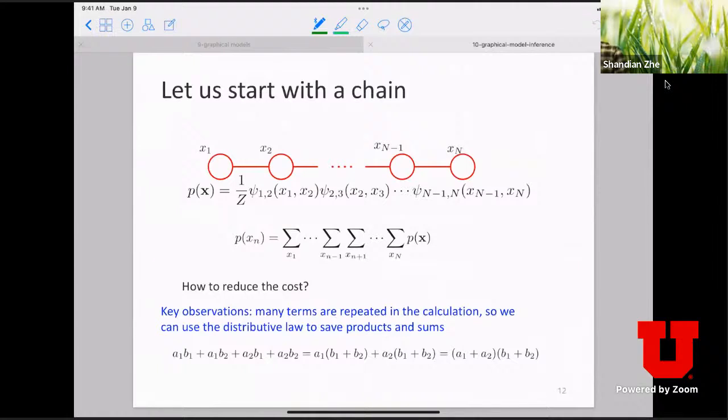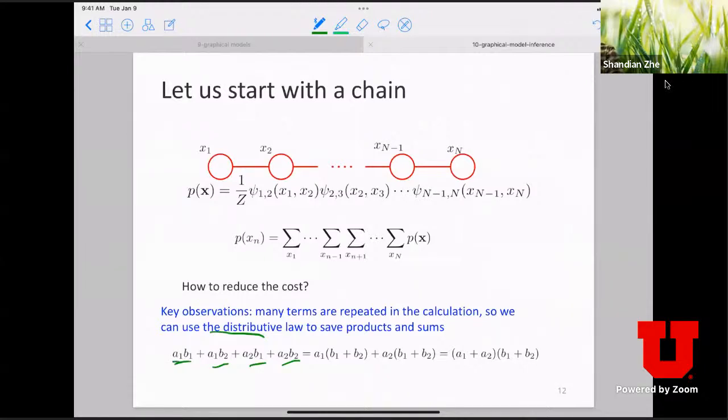The key observation is that we can use the distributive law. If you enumerate just two variables, the variable 1 takes two possible values, a1, a2, and the variable 2 takes two possible values, b1, b2.